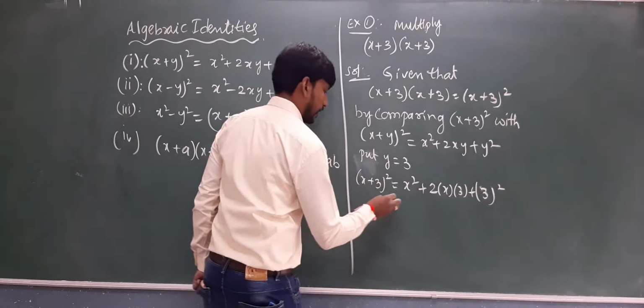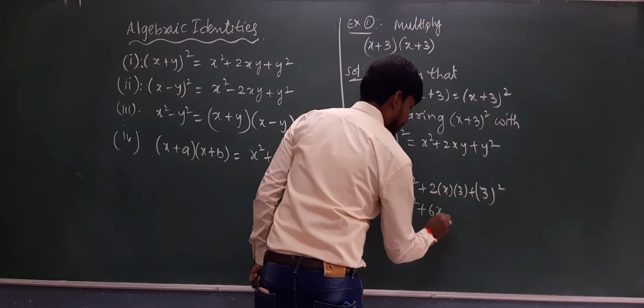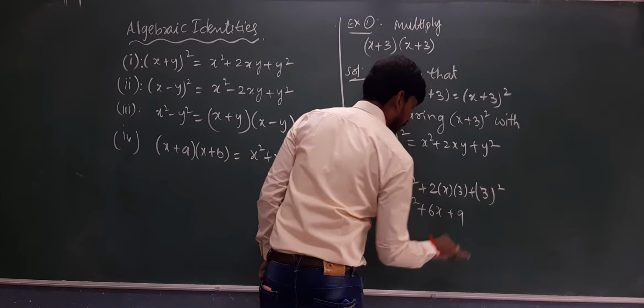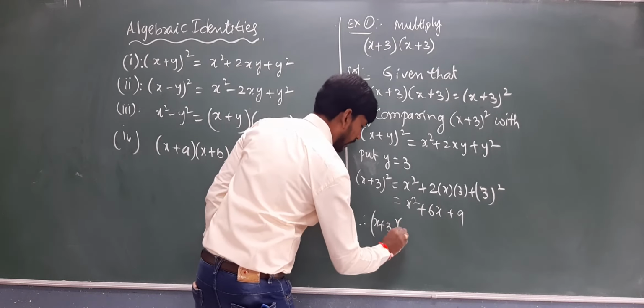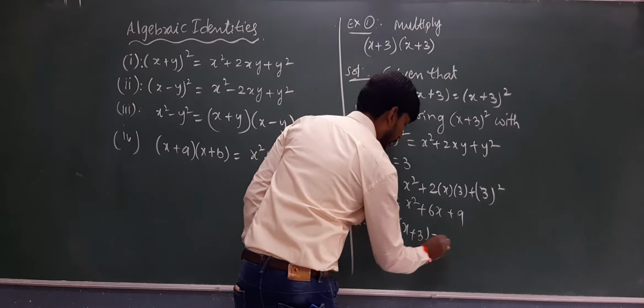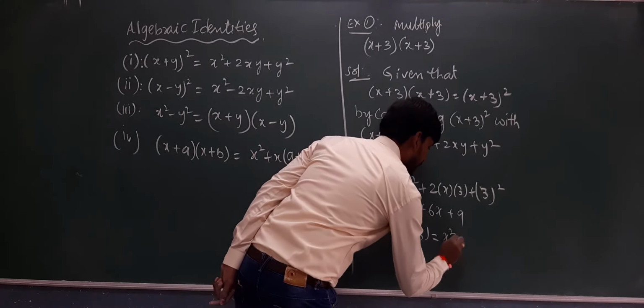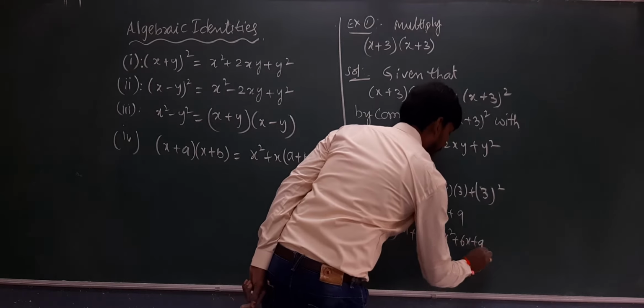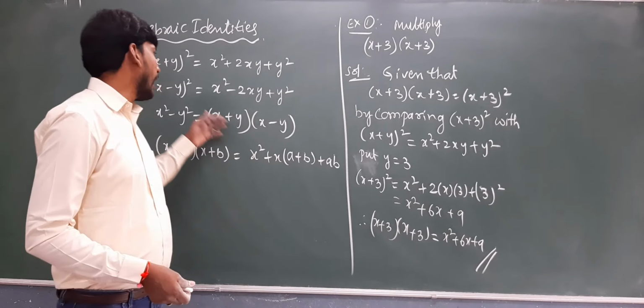That is x square plus, 3 2s are 6, 6x, plus 3 square is 9. So x plus 3 into x plus 3, with the help of the first identity, can be written as x square plus 6x plus 9. This is the way to use the identity.